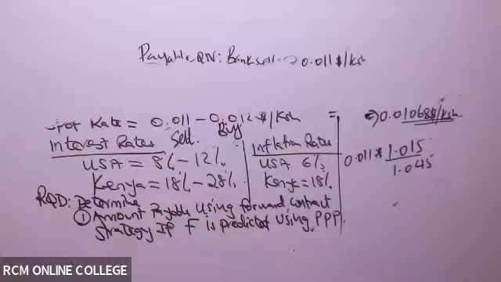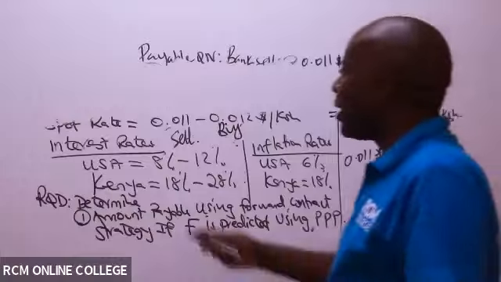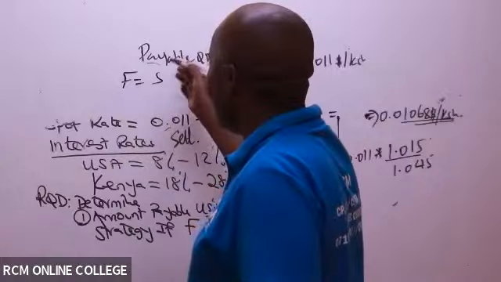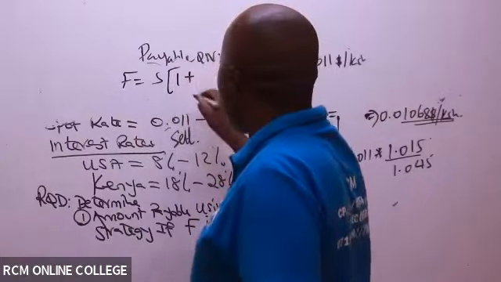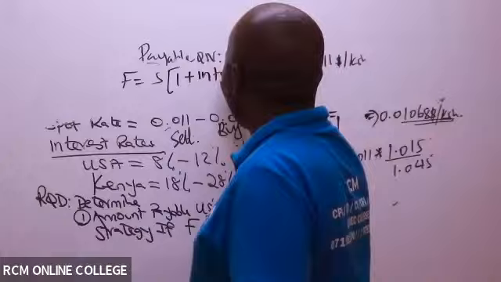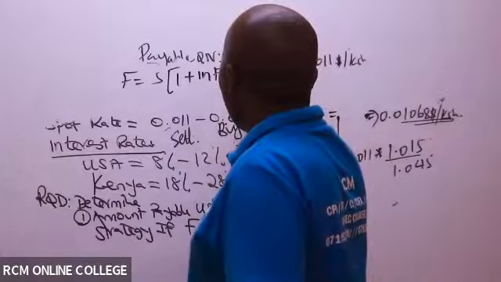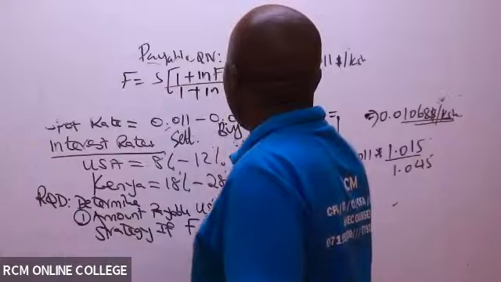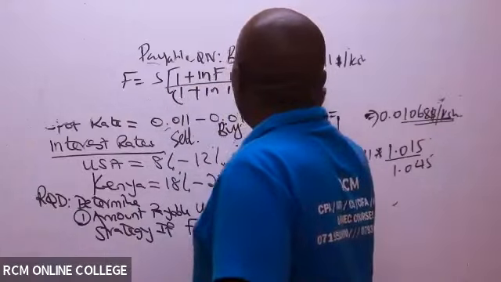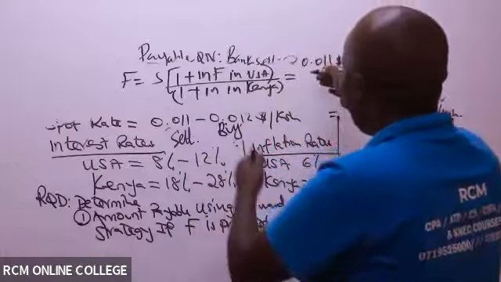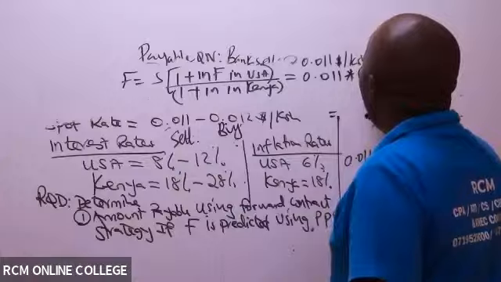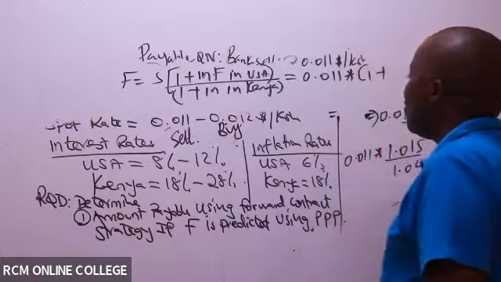So then, ladies and gentlemen, we have been able now to use this forward to get the formula, the PPP. So 1 plus inflation in USA, all over 1 plus inflation in Kenya. So this will be spot. Now we know the spot to use. It is 0.011 times 1 plus inflation in USA.